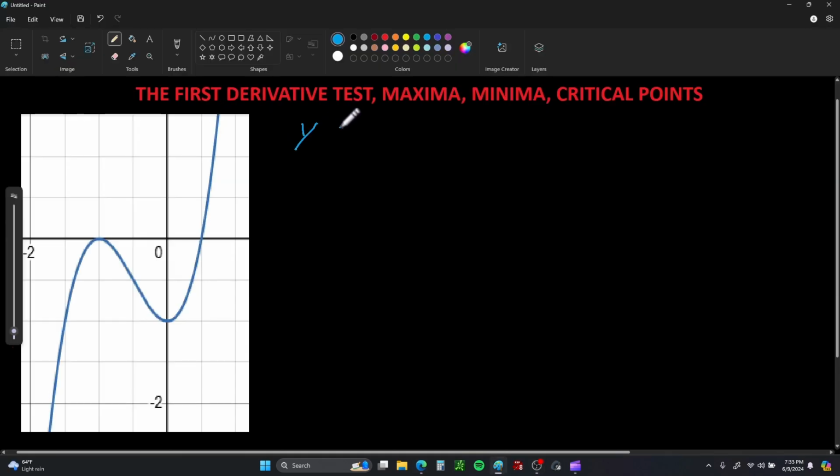The original function is 2x cubed plus 3x squared minus 1. The first derivative is 6x squared plus 6x. To find the critical points where the slope is 0, I set the first derivative equal to 0.